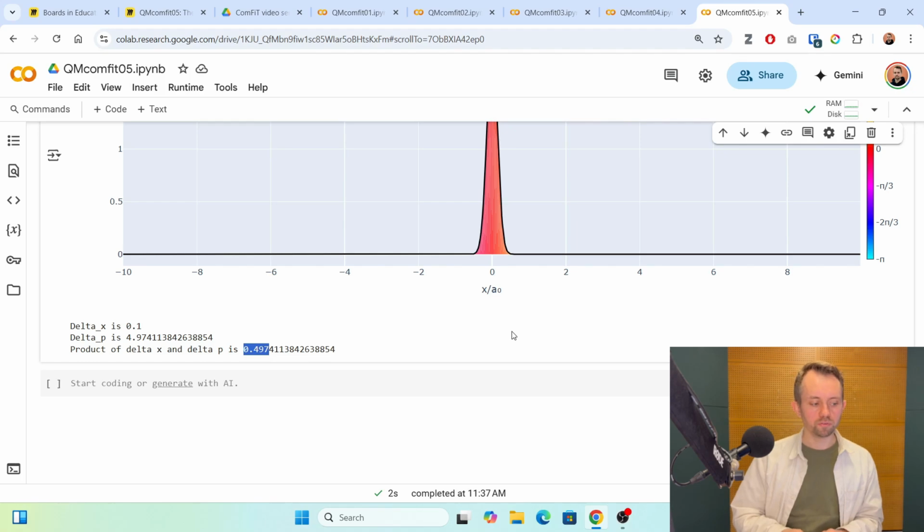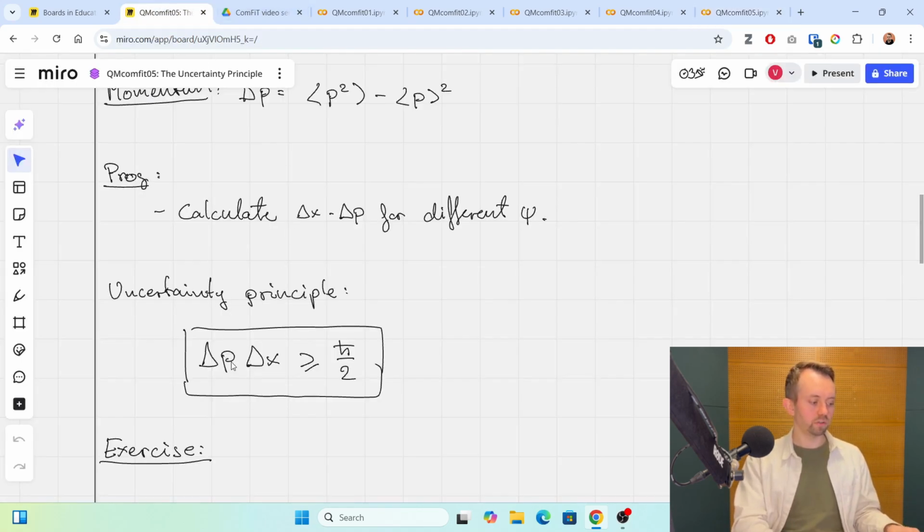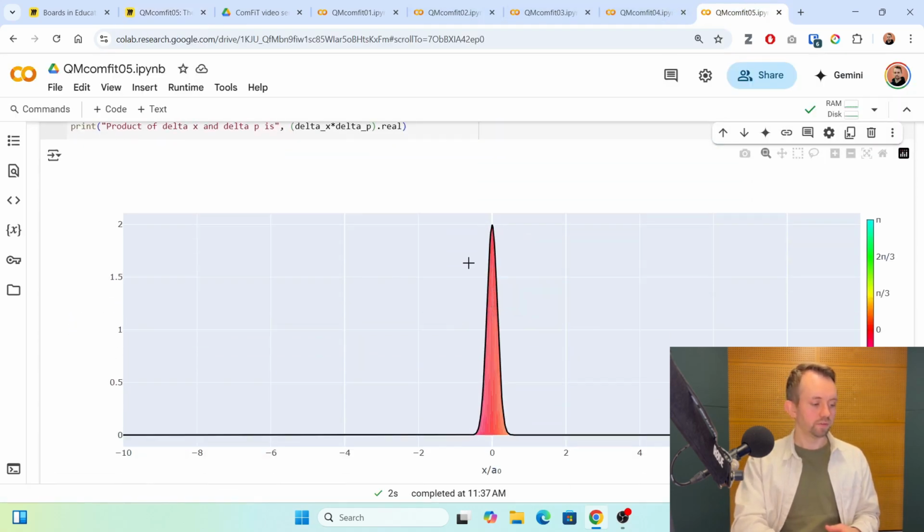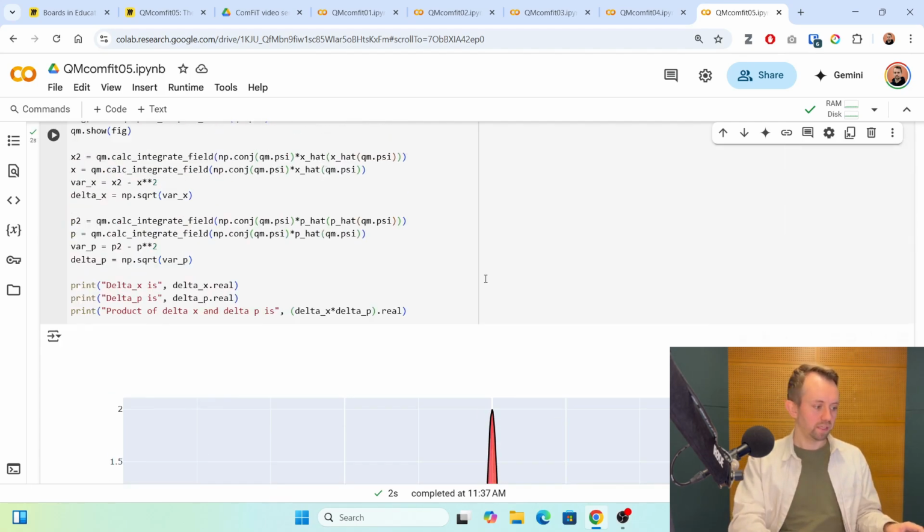Now, the other thing that's interesting is that the uncertainty principle states that the product of these two is supposed to be greater than or equal to 0.5 times h bar. A Gaussian wave function such as this is actually the ultimate wave function, the one that has the least amount of uncertainty in it.